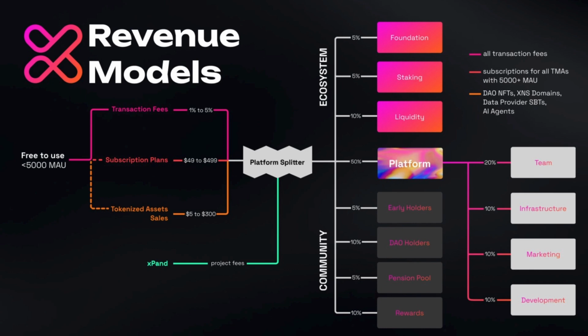So these revenue streams all go into our platform splitter. What does it mean? It's basically a mechanism that distributes the income to various stakeholders. So 50% goes to the platform. So 50% from all of the three streams, fees, is going to the platform.